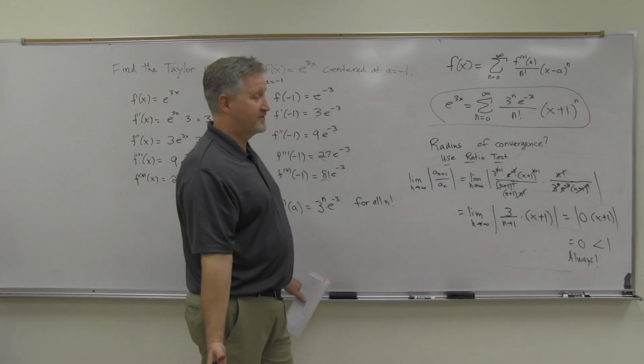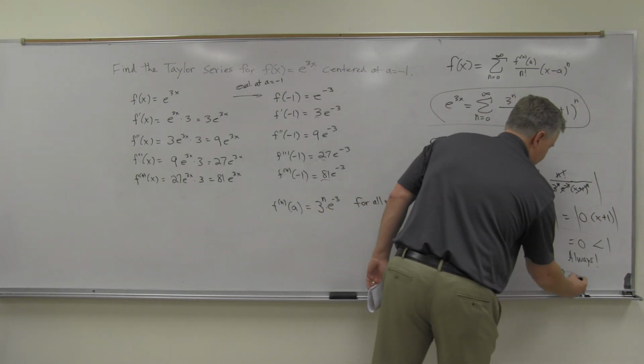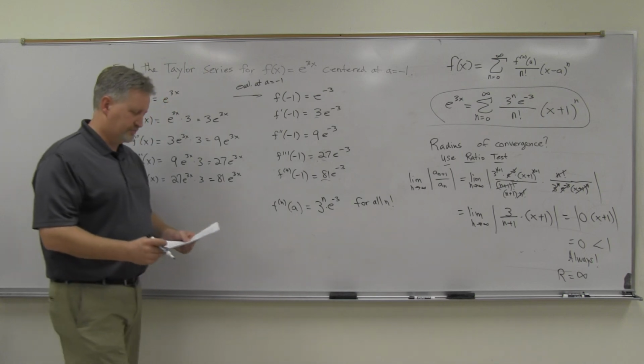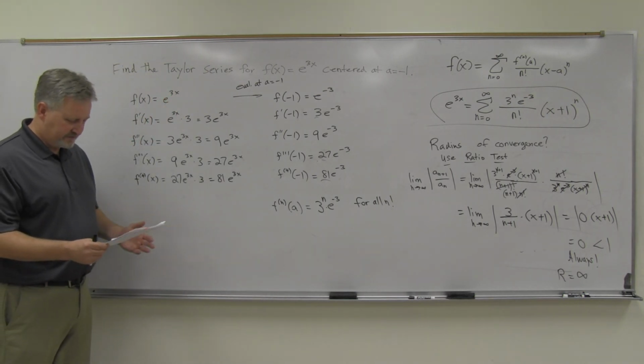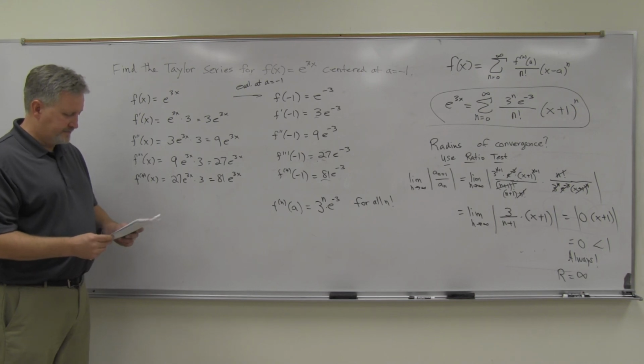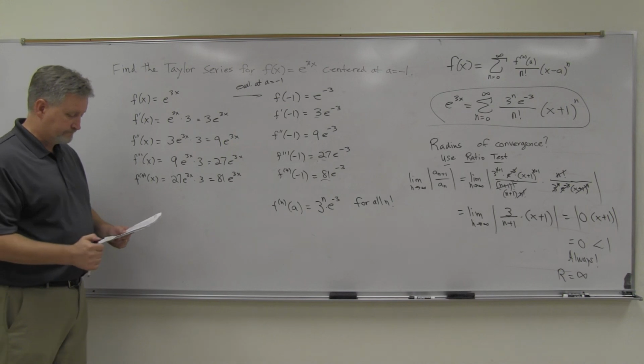So the radius of convergence here would be infinity. They won't always be infinity, but how's that? Okay?